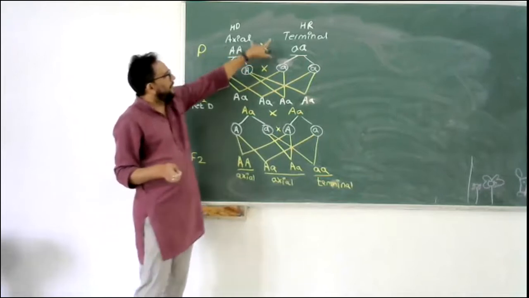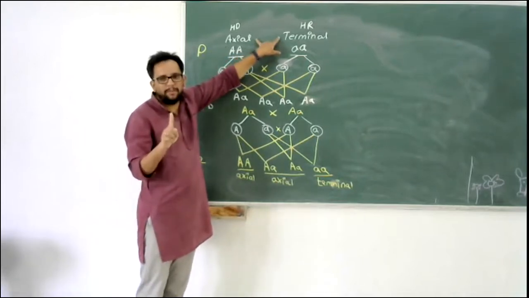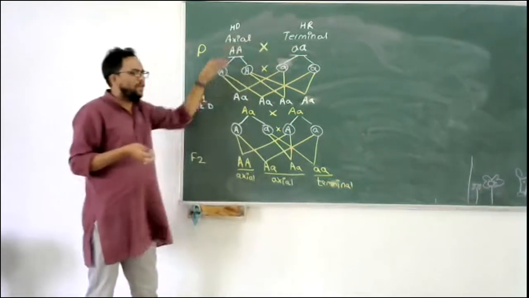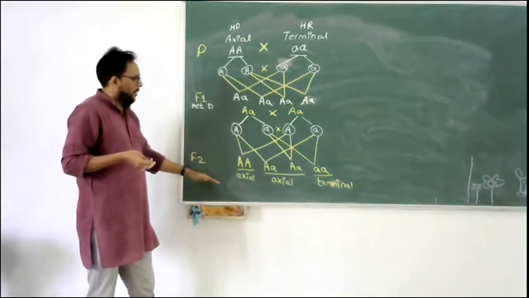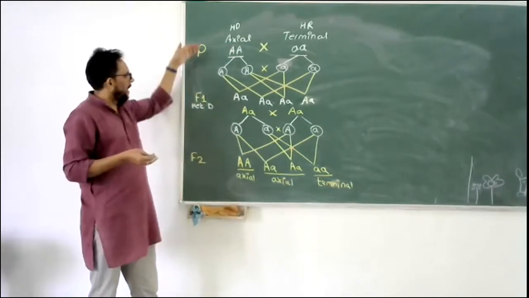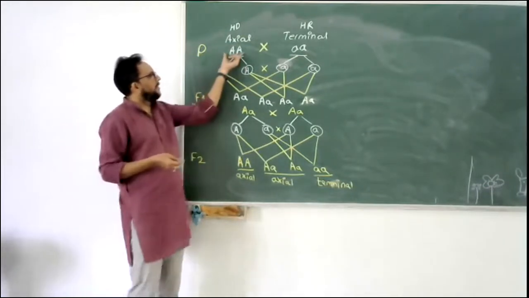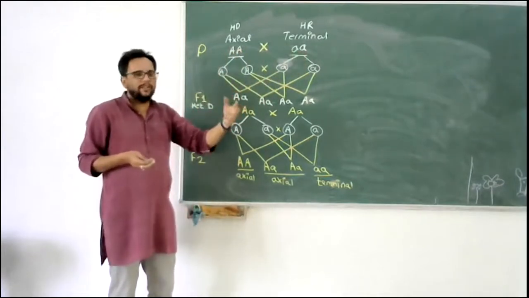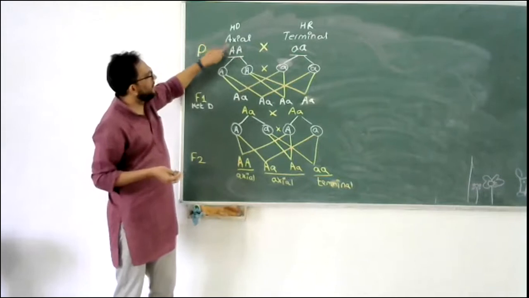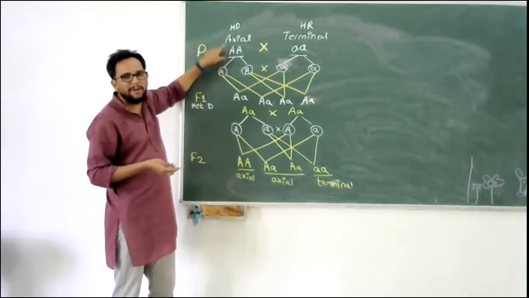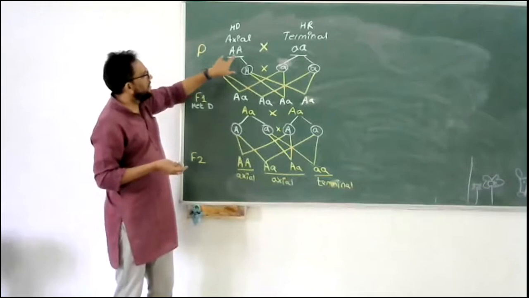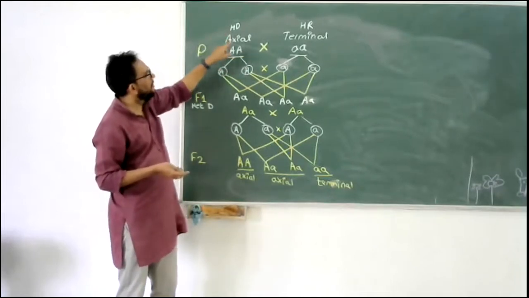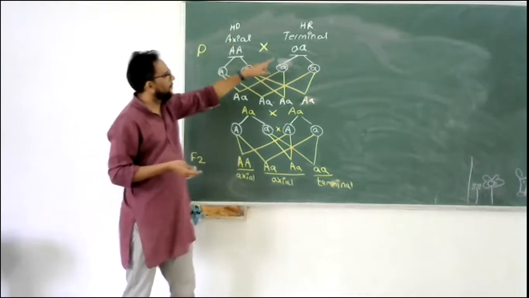We took one trait, that is flower position, where the flower is present either axial or terminal, and we are looking at what phenotypes are generated across the generations. These will be called genotypes. The genes present, and the expressed characteristic because of the genotype, will be called the phenotype. So here the genotype is capital A capital A, that is homozygous dominant, and the phenotype is axial.